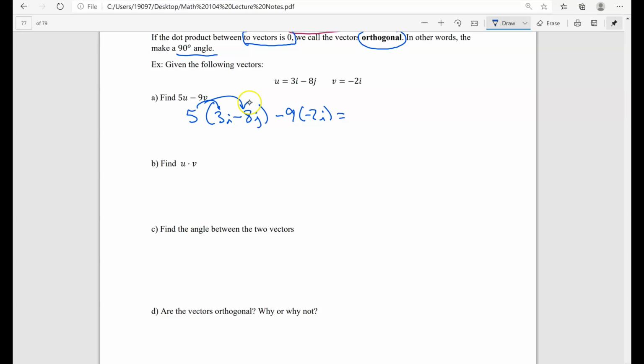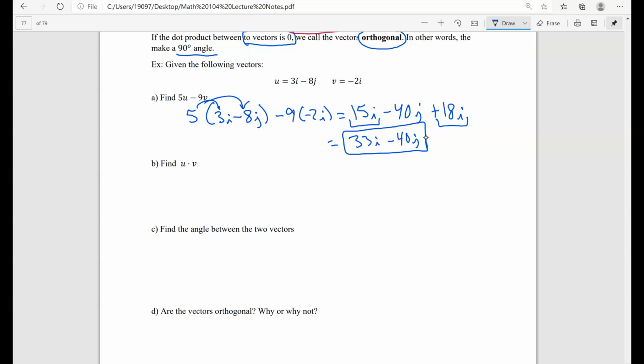I'm going to multiply this together. This gives me 15i minus 40j plus 18i. Let's just combine the like terms. I'm going to take this 15 and add it to 18, and you're going to get 33i minus 40j. So this is basically the vector 33 in the x direction, negative 40 in the y direction.